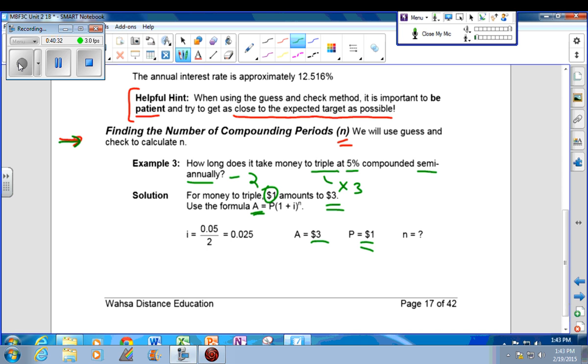We start with $1 and it triples. We're looking for a value of n that makes that happen. If you have $100, you'd have $300. If you had $1,000, you'd have $3,000, and if you had $1,000,000, well, you'd probably hire someone to calculate it for you.